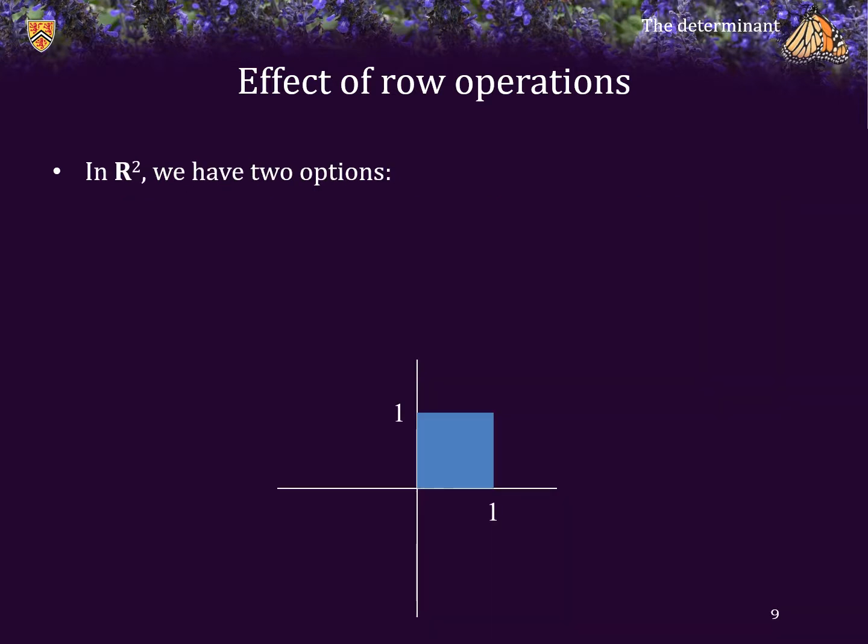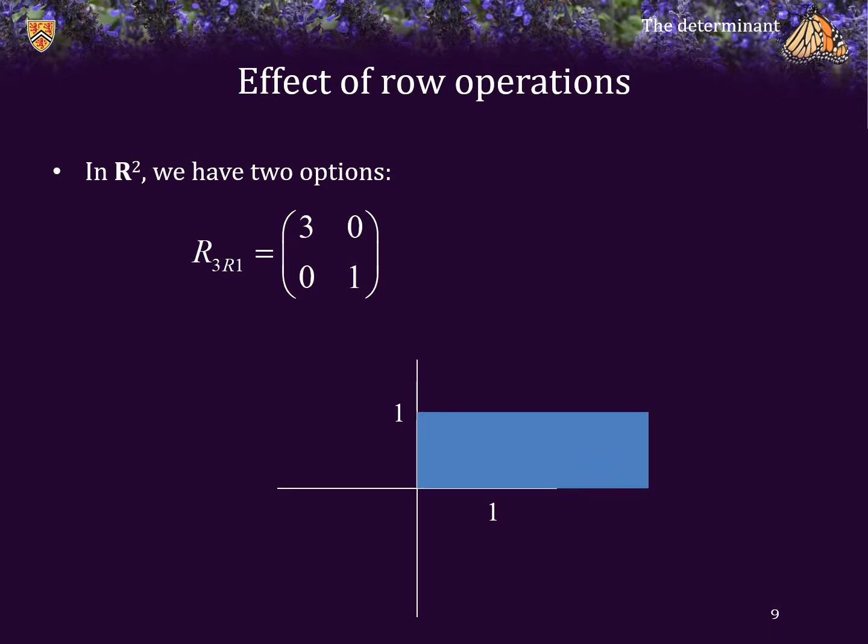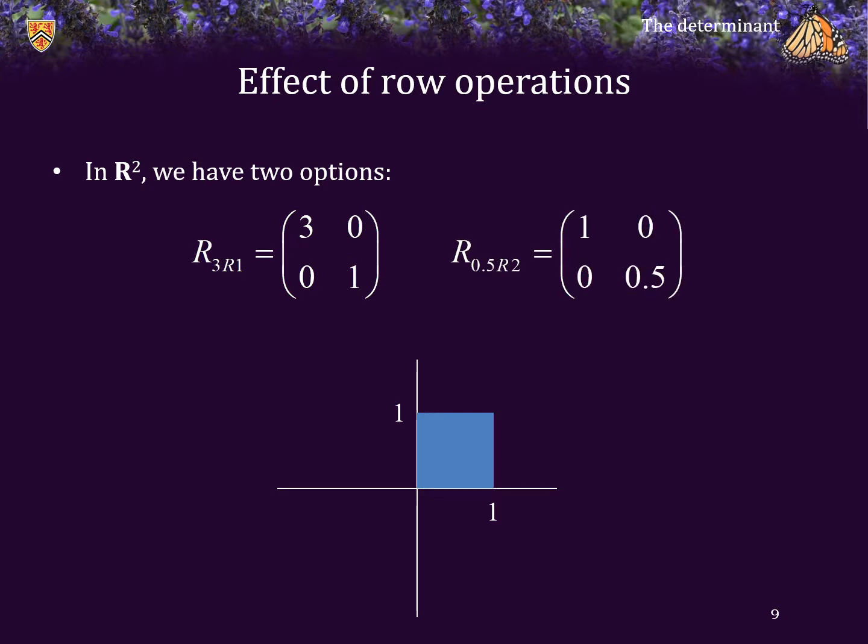So in R2, we have two such options. We could, for example, multiply the first entry by 3. Now that's going to increase the area of the unit square by a factor of 3. The alternative is that I can multiply the second entry by a scalar such as 0.5. Well, that's going to change the area by a factor of 0.5.